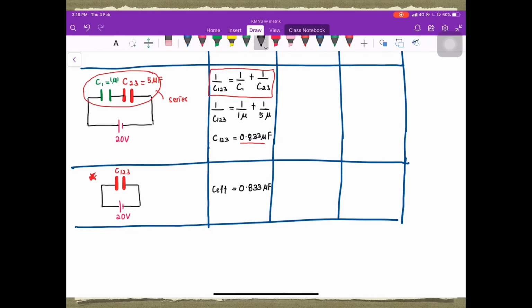This total value of capacitance we call the effective capacitance. And then the voltage given, the total voltage, is 20 volt. Can you determine the value of Q total? Again, Q equal to CV. So substitute C effective.